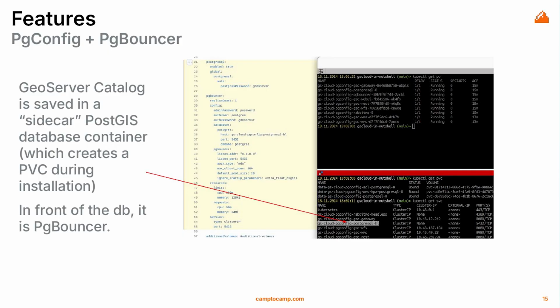Other features. When you have those thousands of components that were created all together, what you will have is more demand on the backside of GeoServer. So some of the things that changed with Geoservercloud were the chance to save the data dir, that is the catalog, in a database instead of using the file system.